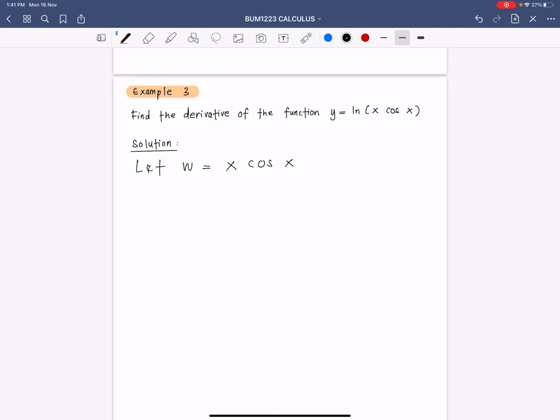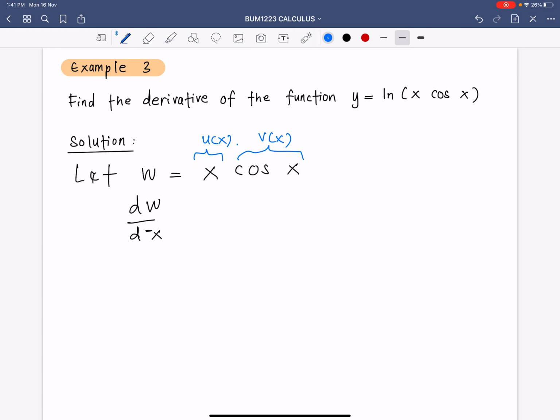So when we let w equal x cos x, then you need to find dw dx, where dw dx can be found by using the product rule, because this is in the form of u times v.